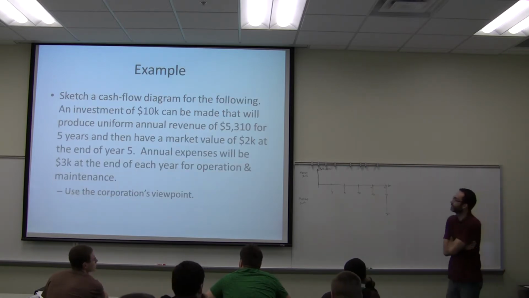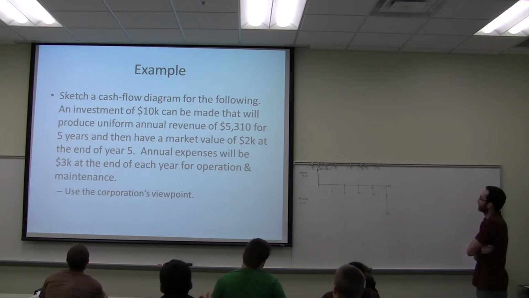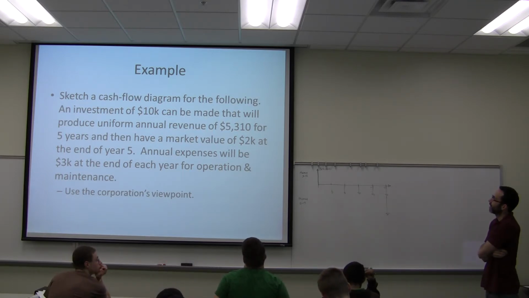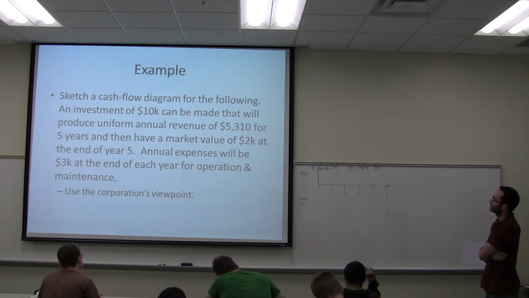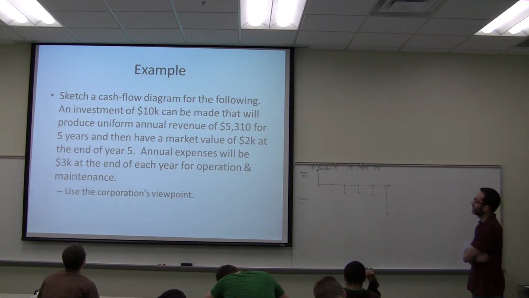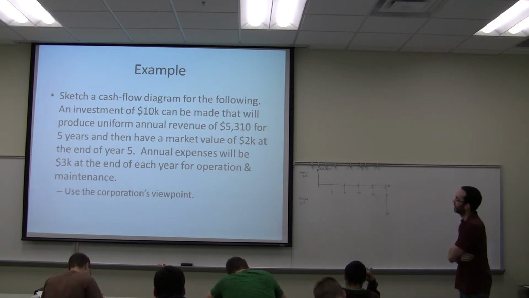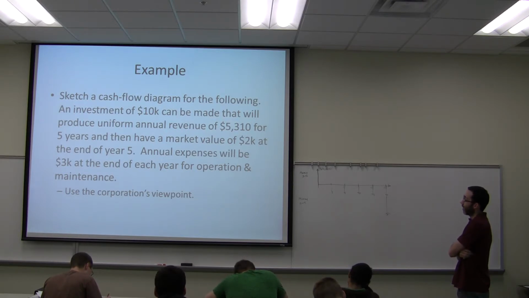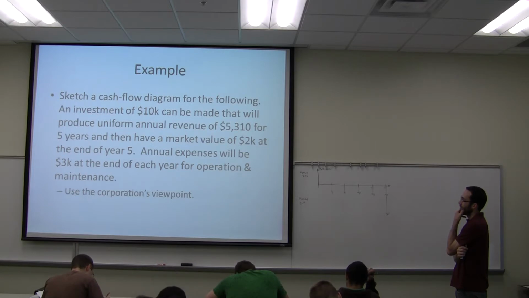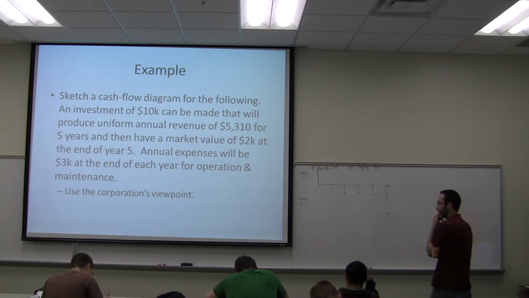All right, so I'd like you to try and draw a cash flow diagram. So someone's going to make an investment of $10,000, and this is from the point of view of the person who's making the investment. They invest $10,000, and then for 5 years, they get $5,310 every year. And then at the end of the 5th year, whatever it is they've bought, they're selling, and they get $2,000. And also, to complicate things, they have expenses of $3,000 a year for operation and maintenance. So draw what you think the cash flow diagram would look like for that.